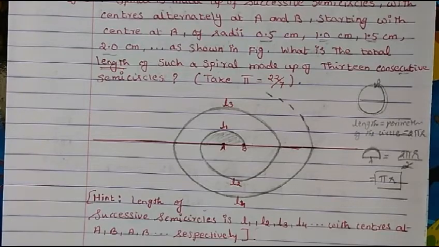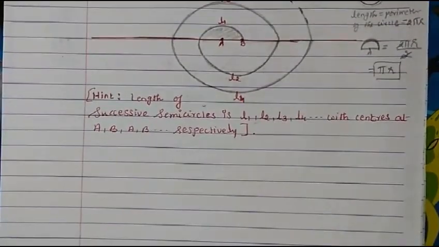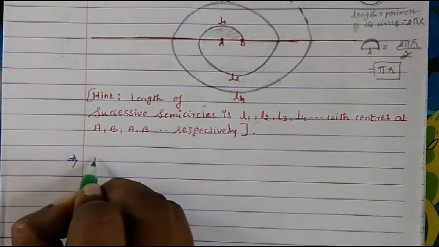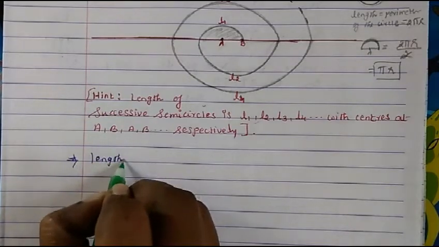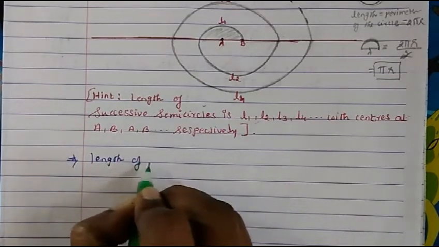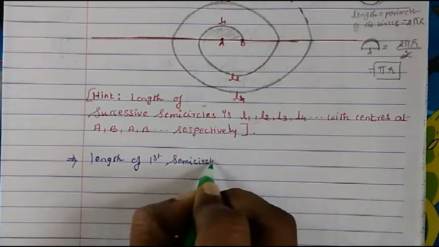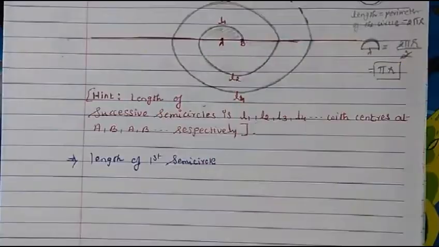So now let's begin. Let's calculate now one by one. Let's write down the length of the semicircle first. Length of the first semicircle. The first semicircle will be this part.